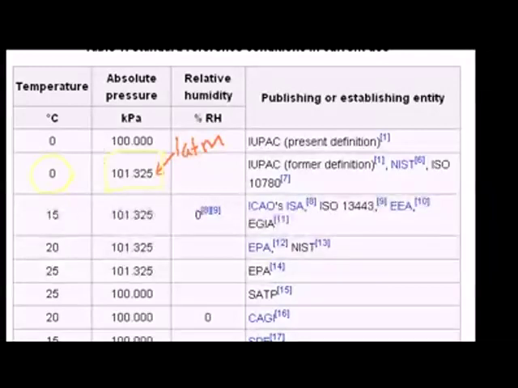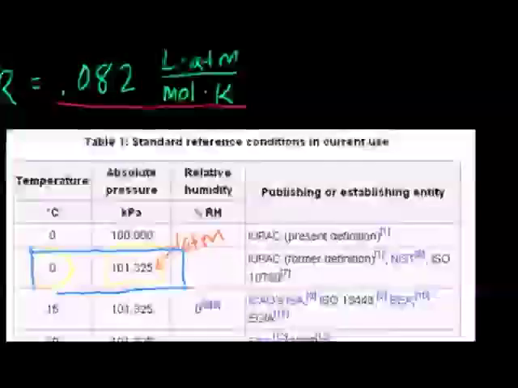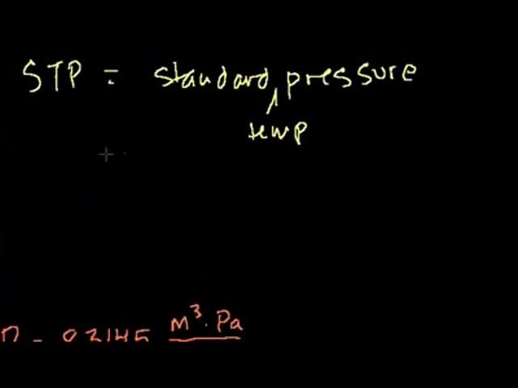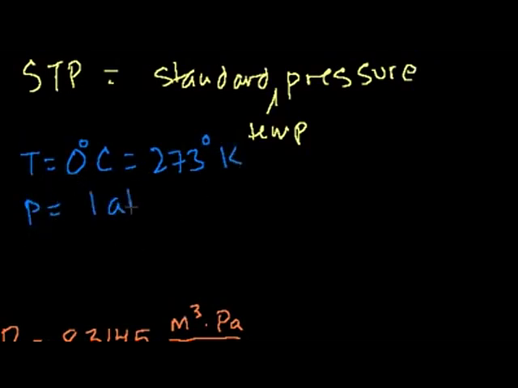All of this stuff, the units are really the hardest part to get a hold of. But let's say these are different standard temperatures and pressures based on different standard-making bodies, so they can't really agree with each other. Let's take this as our definition of standard temperature and pressure: a temperature of 0 degrees Celsius, which is 273 degrees Kelvin, and a pressure of 1 atmosphere, which could also be written as 101.325 kilopascals.